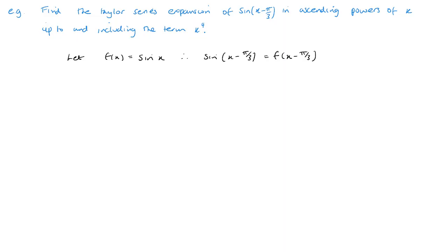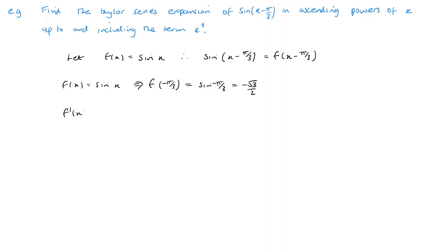Okay, so f of x equals sine x. So this is now f of minus pi by 3 that we're substituting in, which is going to be, put an arrow there, sine of minus pi by 3, which is minus root 3 over 2.